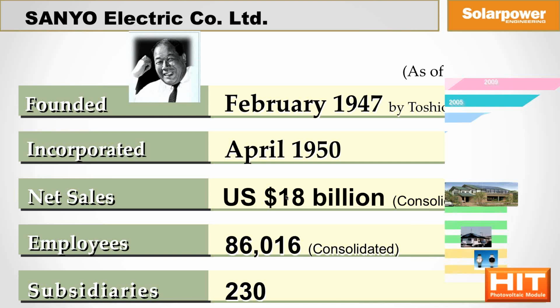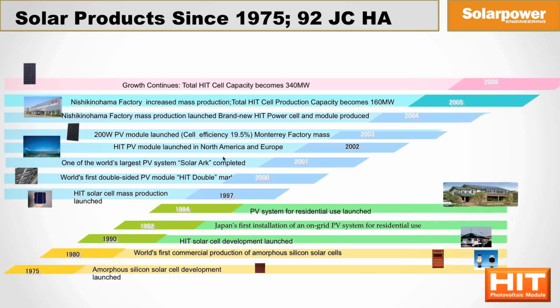This is a little bit more about Sanyo and how this came to be. Obviously, in our case, we have a hybrid cell. It's a combination of the monocrystalline and the amorphous silicon that come together to form this unique hybrid cell. The history of this technology goes back to Sanyo in the 1970s, being the first to deploy amorphous silicon.